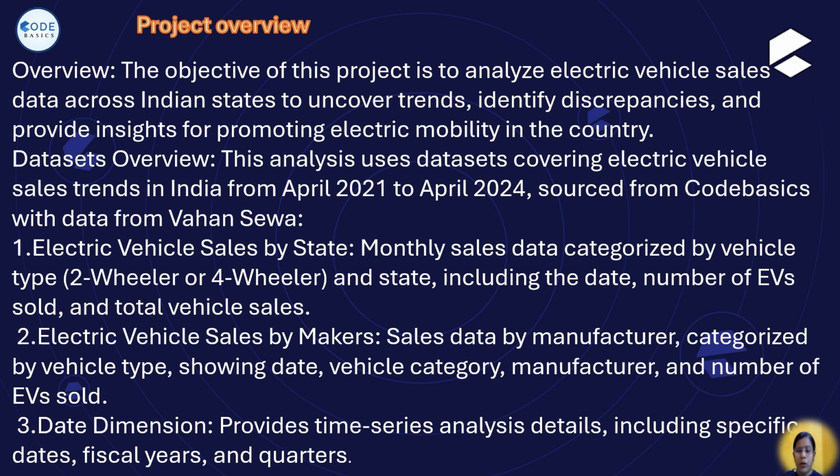Project overview. The objective of this project is to analyze electric vehicle sales data across India's states to uncover trends, identify discrepancies, and provide insights for promoting electric mobility in the country.